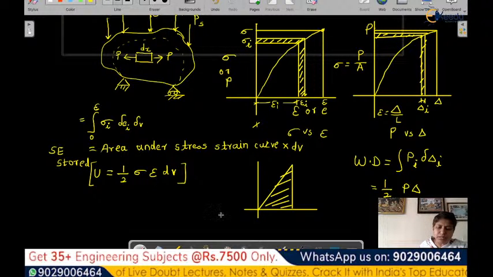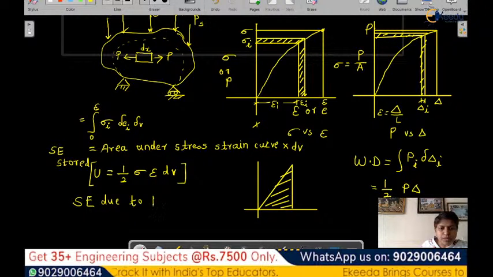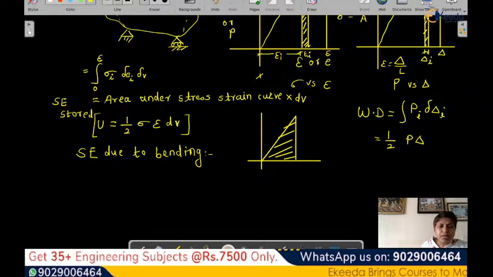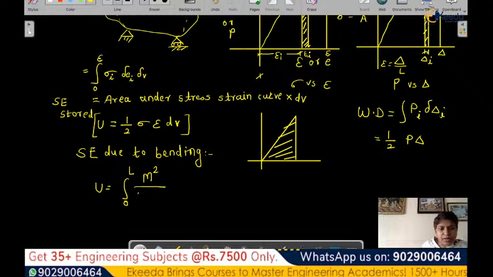Then when we consider strain energy due to bending, this is also already covered. When we go further into this theory, we get that strain energy due to bending is U equals integral from 0 to L of M square by 2EI dx, if you remember.